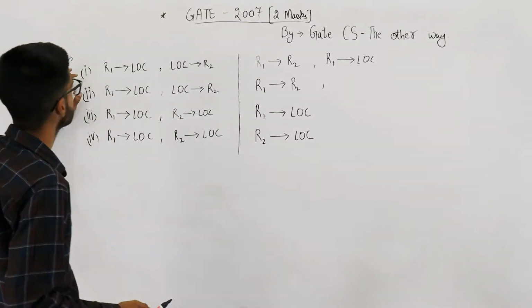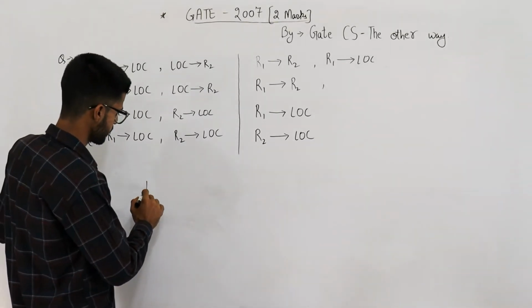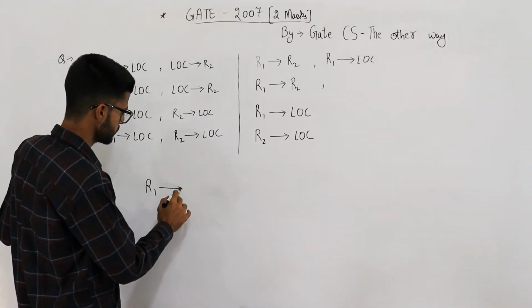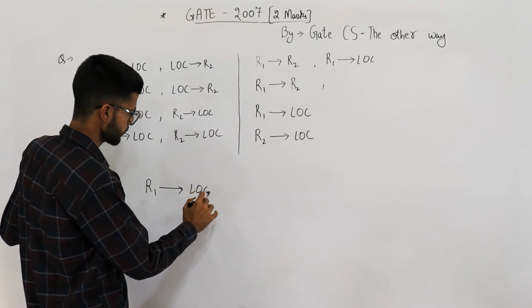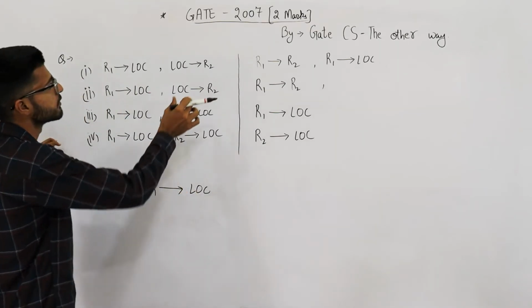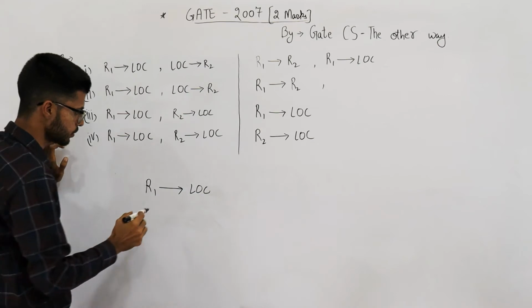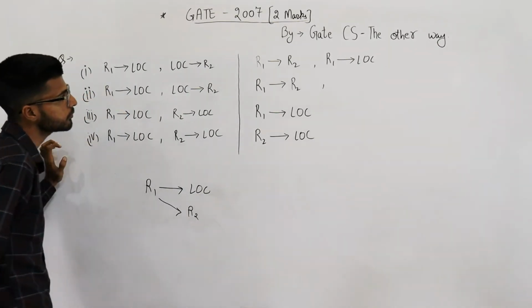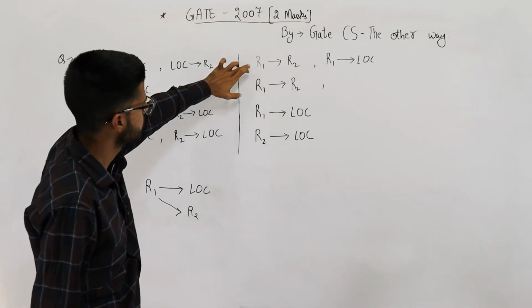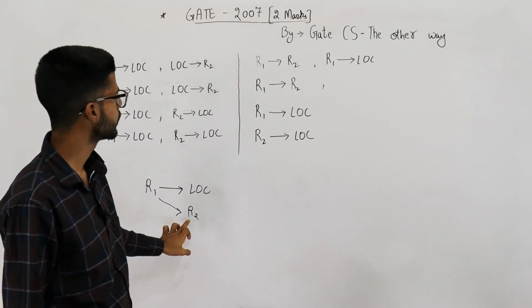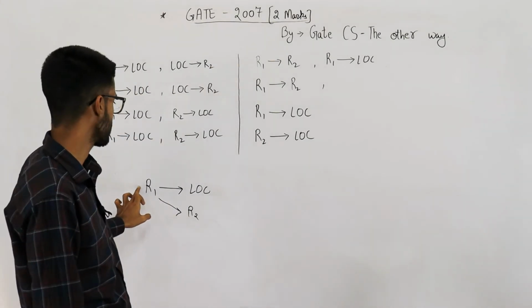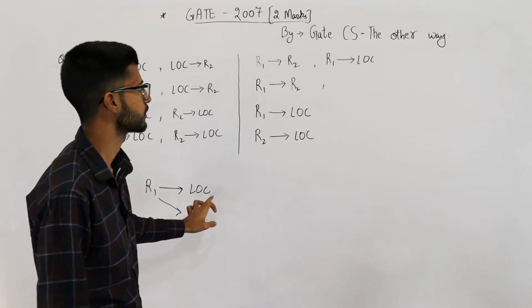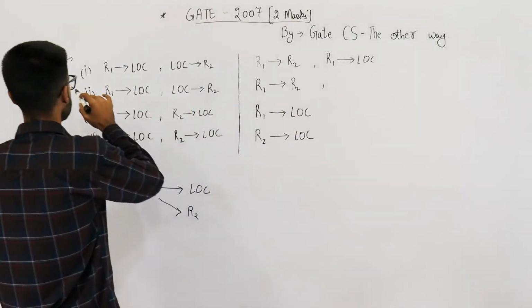So let's see the first option. First of all, R1's value is being copied into LOC, and that very same value is also being copied into R2. That means we can write like this. Okay. And RHS is R1's value is going into R2. That's okay. R1's value is going into location. That's okay. So this option is correct.